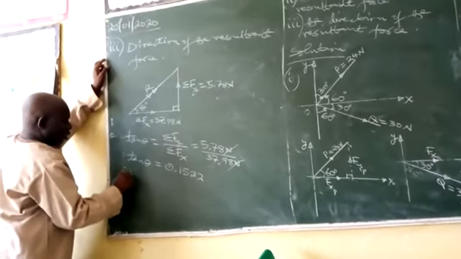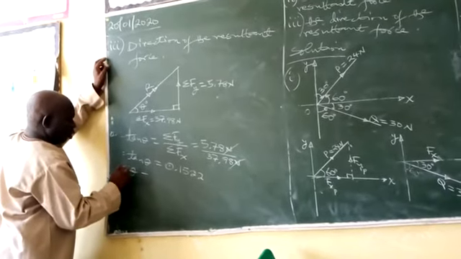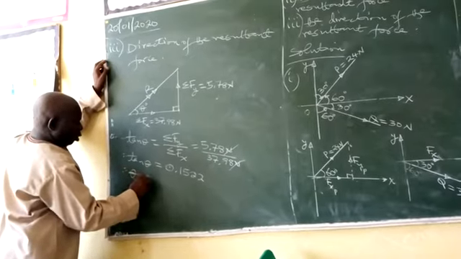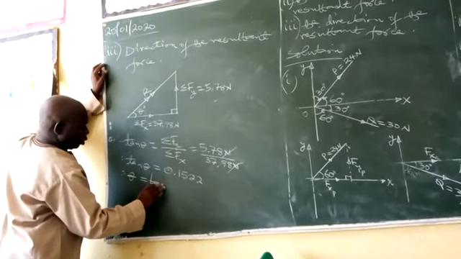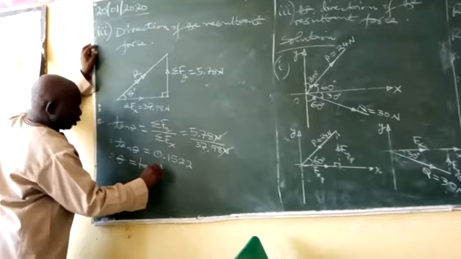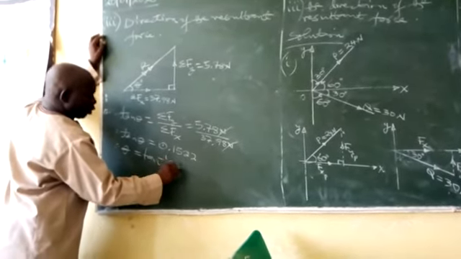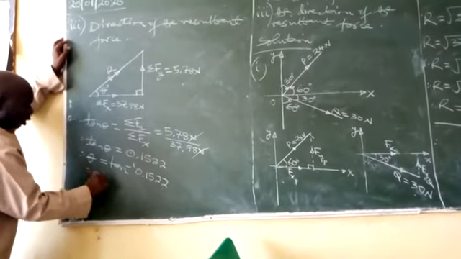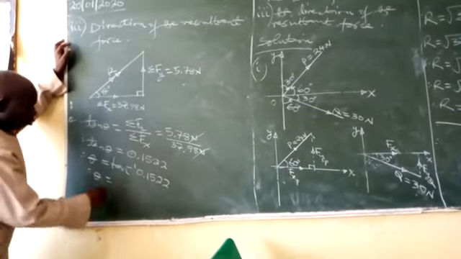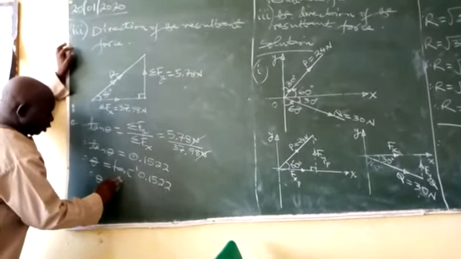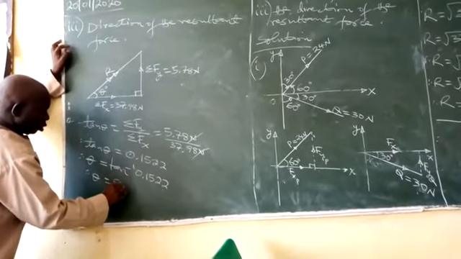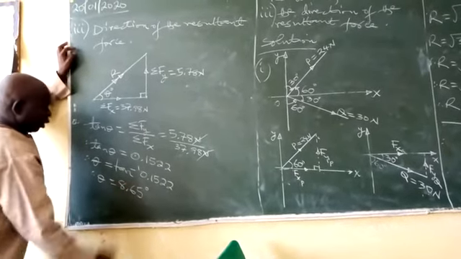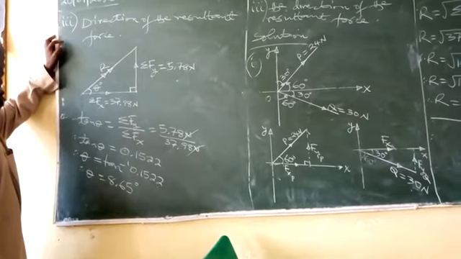So theta will be the tan inverse of 0.1522. So tan inverse of that is 8.65 degrees. So that is the value of theta.